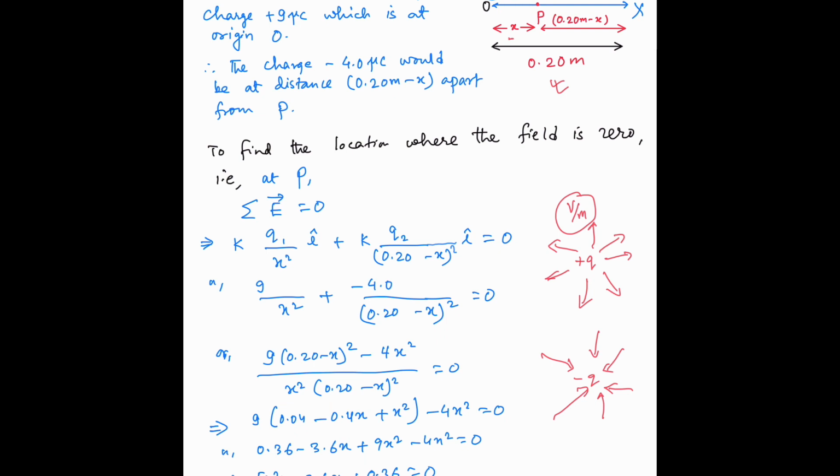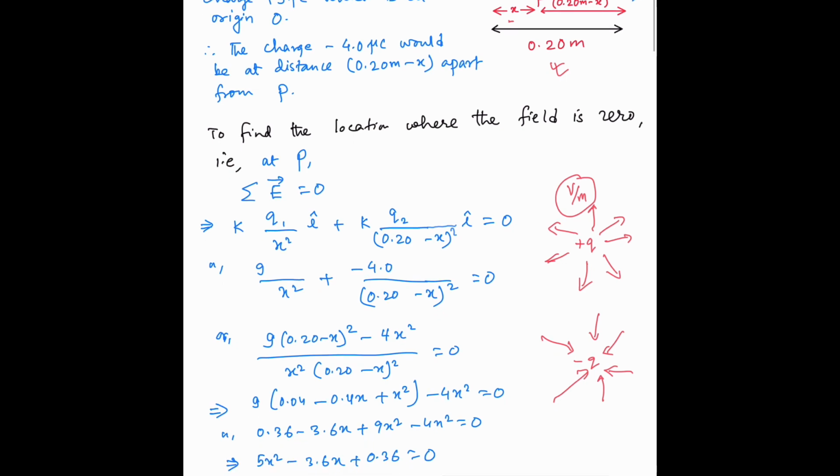At point P, according to the question, let's assume that the field is 0. The field produced by these two charges is 0. So that means the sum of fields produced by these two charges is 0.